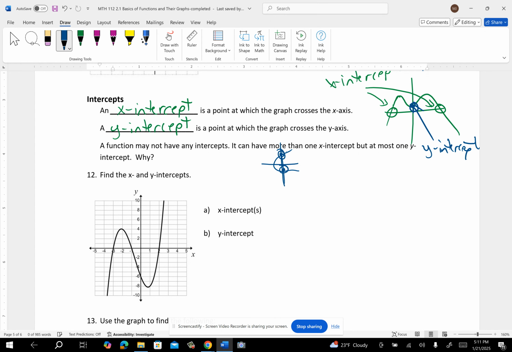Okay? So why can it only have at most one y-intercept? Is because otherwise it wouldn't pass the vertical line test.